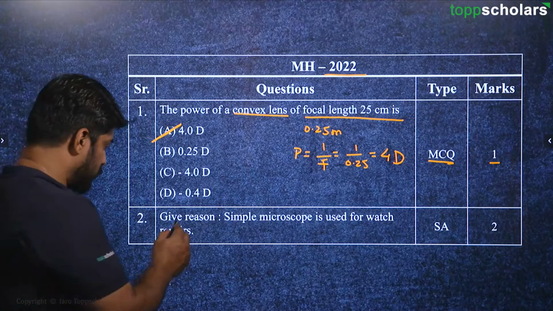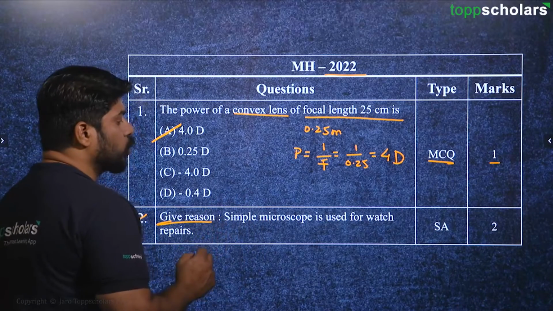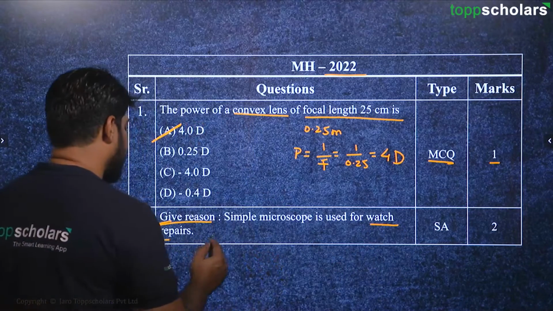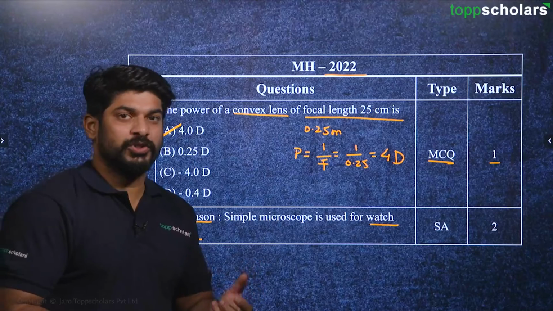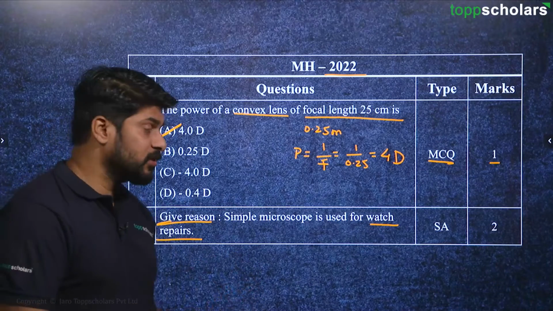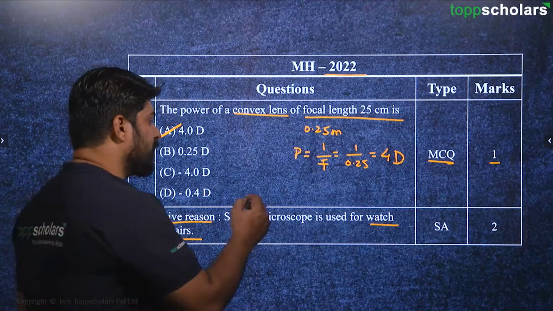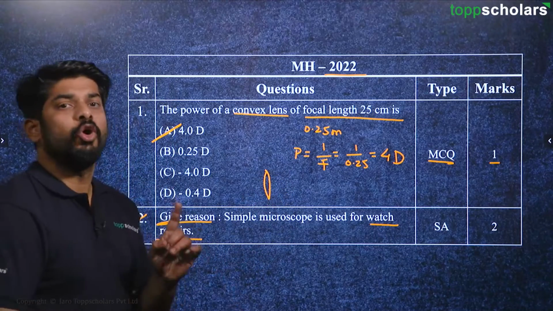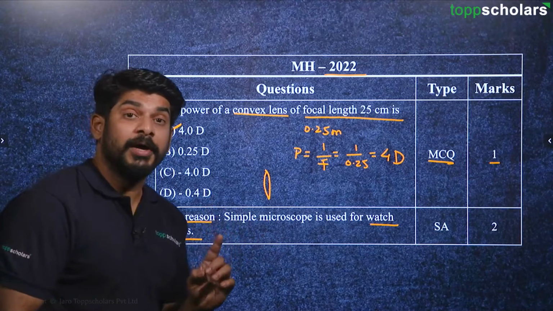Then next question is, give reason. Simple microscope is used for watch repairs. If there is a person who is repairing watches, wrist watches especially, then that person uses a simple microscope. Now, what is a simple microscope? It is nothing but a simple convex lens. A single convex lens is also called a simple microscope.